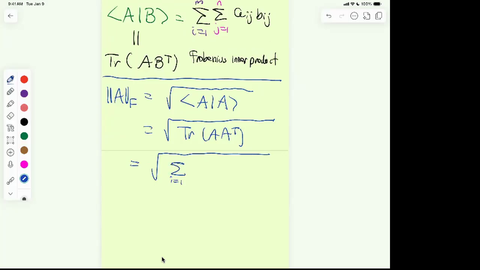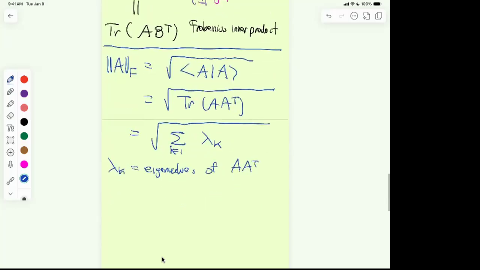Let's put it like this, where lambda_k is an eigenvalue of A transpose A. But you know that the only non-zero ones are, how many non-zero eigenvalues does this matrix have? Up to the rank of A, right? It's the sum of the squares of the singular values.